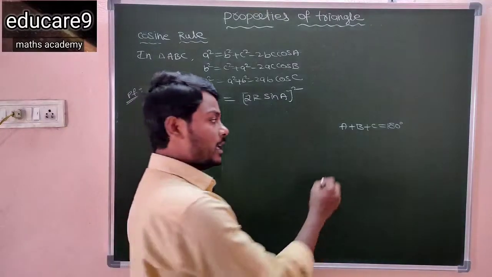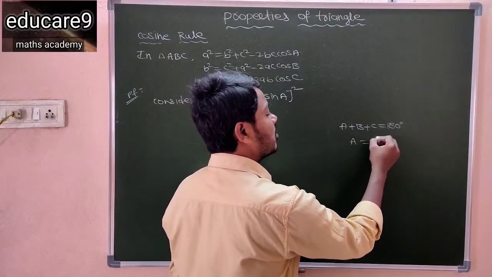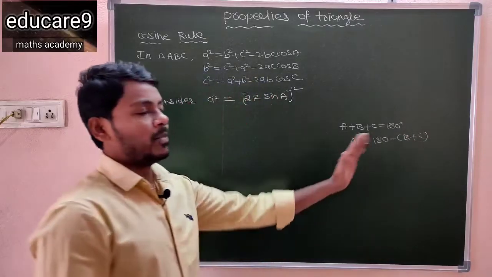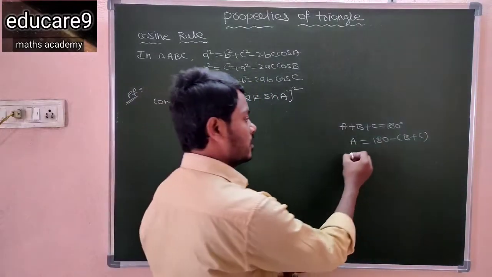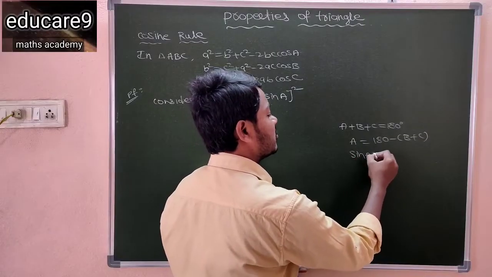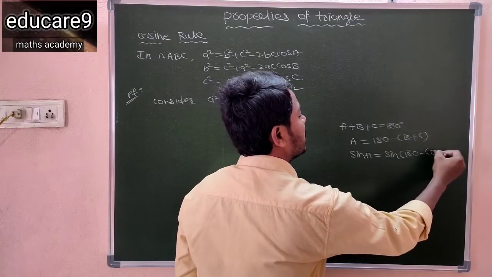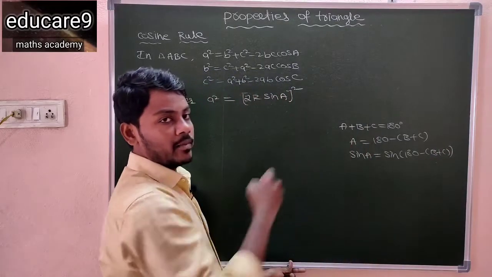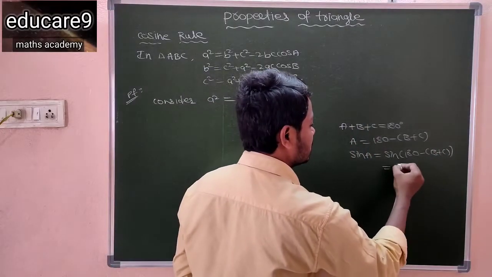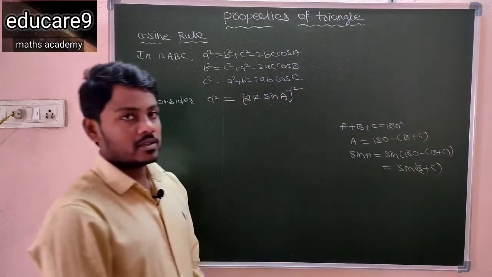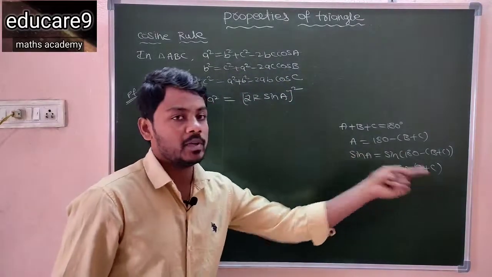So how to write angle A? A is equal to 180 minus of B plus C. Apply sine on both sides. Sine A is equal to sine of 180 minus of B plus C. 180 minus theta gives sine theta, so sine A can be written as sine of B plus C.